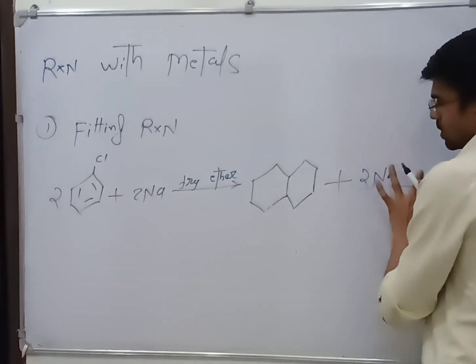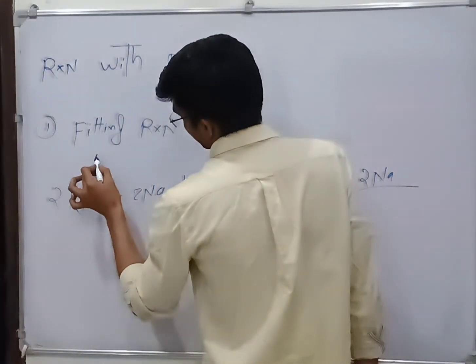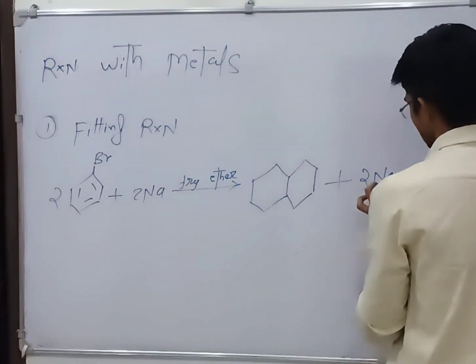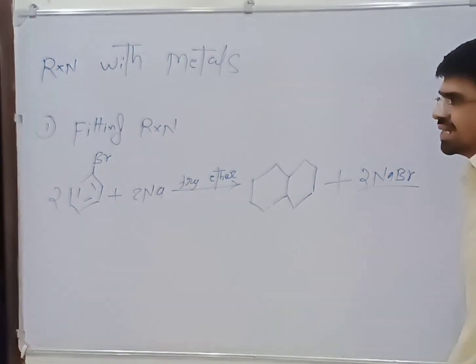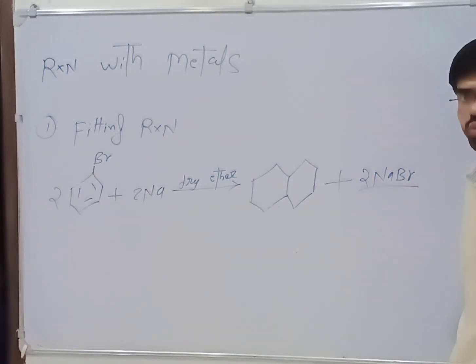You take the R's and the R will come. This is called the Fittig reaction when we react the haloarene with sodium metal.